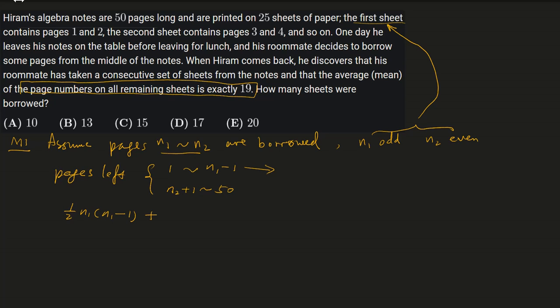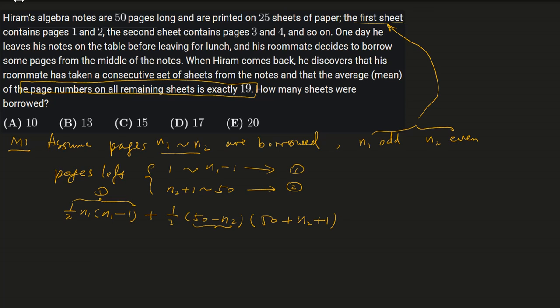And plus the sum of the second part. So if we call this 1 and this 2, then this is basically the sum of 1. Now the sum of 2 is a half times 50 minus N2, which is the number of pages after N2, times 50 plus N2 plus 1.